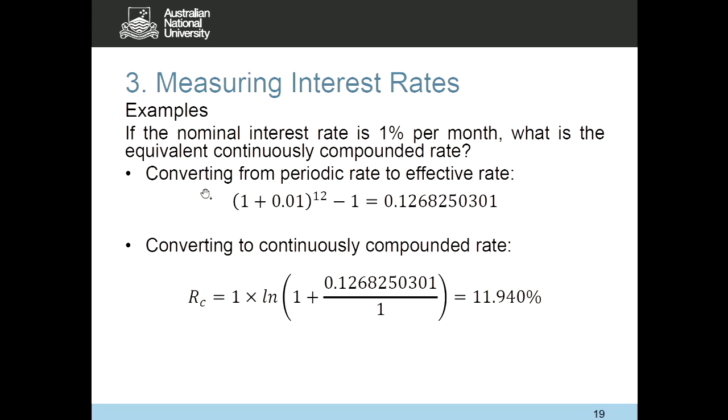That's how you work out your actual earning over the course of a year with that 1% per month, and that's your effective rate per annum. Effective rate means it happens once per year. Then you substitute that rate into the formula I just gave you. So we substitute 1 for the M, multiplied by the natural logarithm of 1 plus that rate divided by 1, and you'll get a continuously compounded rate of 11.94%.